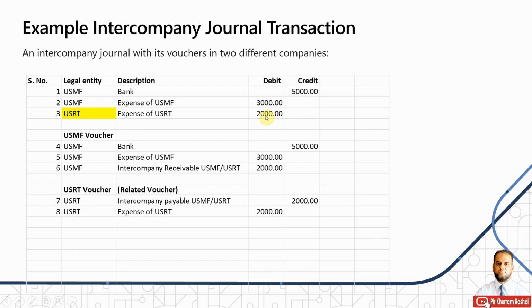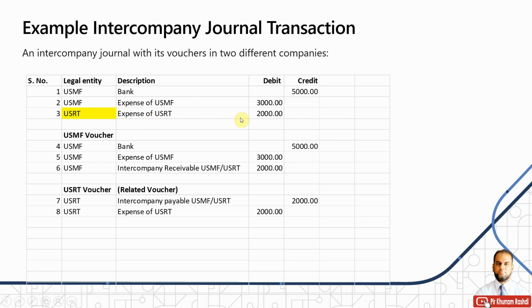But at the same time, it will have an intercompany receivable booked by this account, which is $2,000. And then the payable side of the other company, that is USRT, will be booked. So you can see here at serial numbers 4, 5, and 6 that the USMF bank account is recorded with a credit entry of 5,000 USD, and the expense of USMF is straightforward, 3,000 USD.